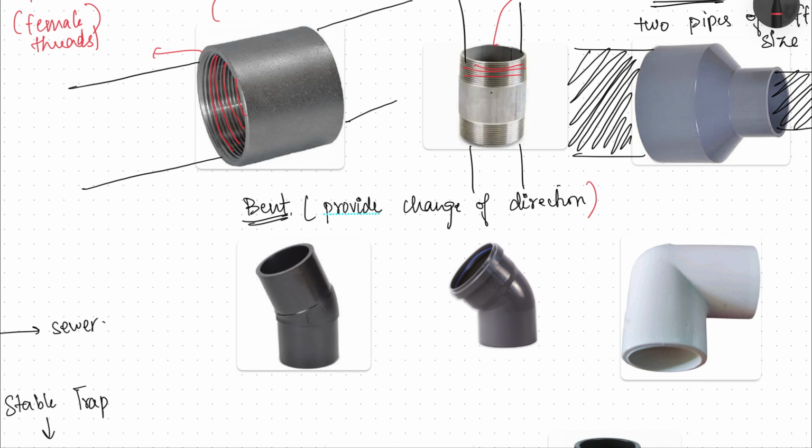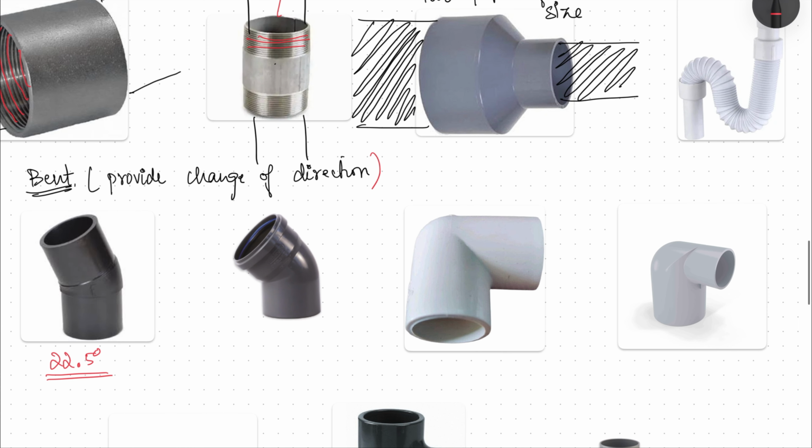This is a 22.5-degree turn, and that is called a bend. If it is a 45-degree or 90-degree turn, then it's called an elbow. Like here, this is a 45-degree turn, so it's called a 45-degree elbow. And this is a 90-degree turn here, so it's called a 90-degree elbow.